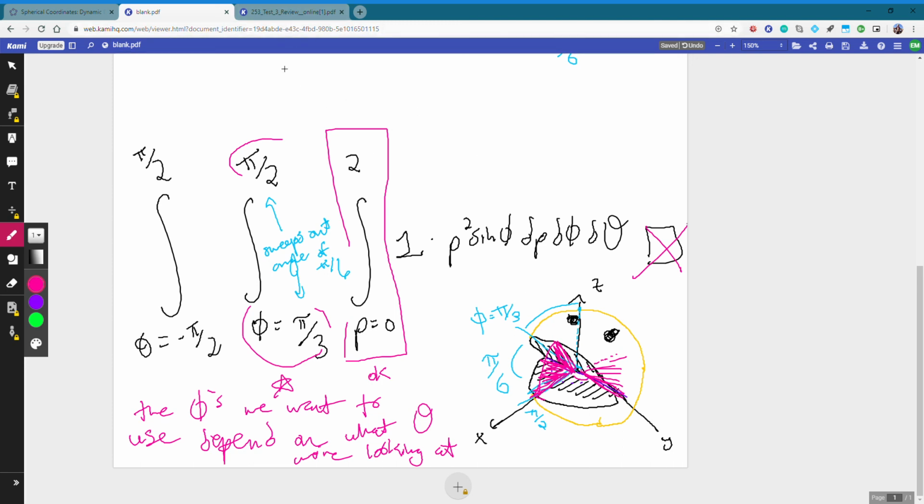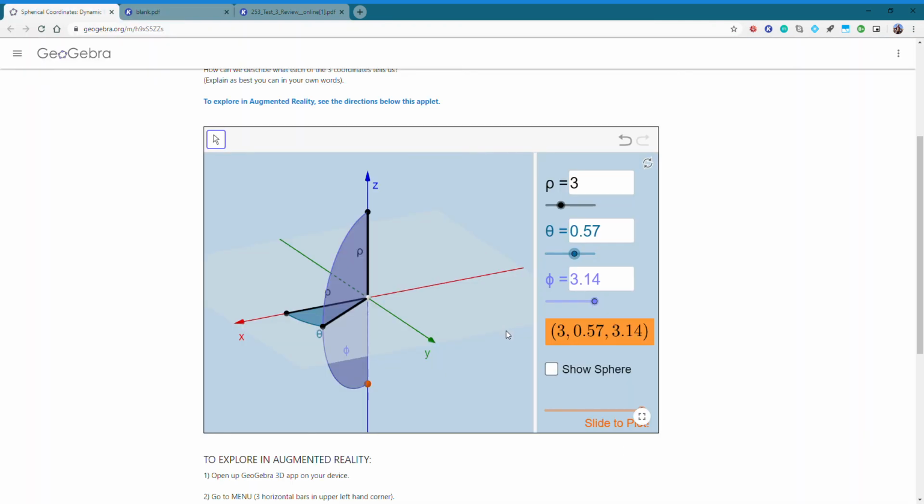We can also see this issue happening with the interactive. Let me bring that up. If we bring our phi up to something like pi over 3, and we imagine starting theta at 0 and sweeping it up to pi in this case, let's just match it with our picture.